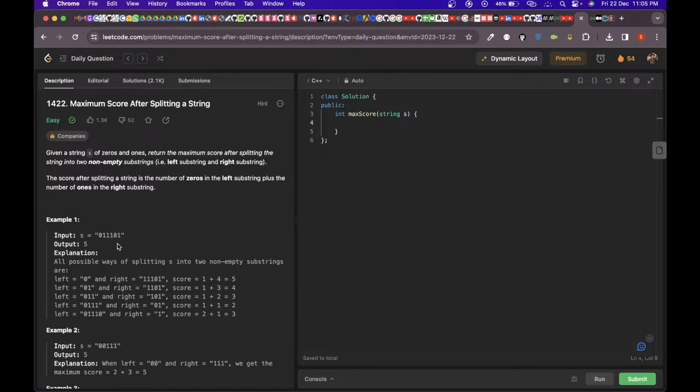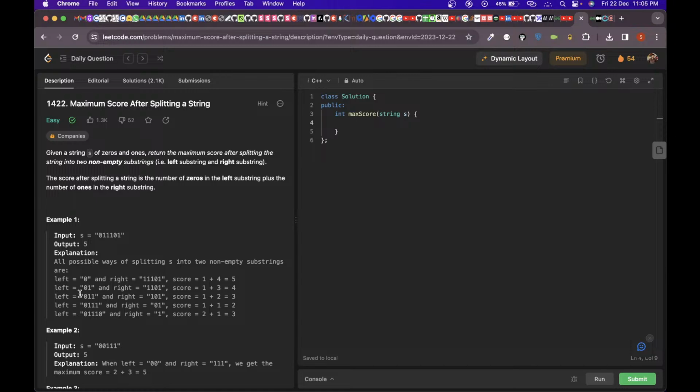For example, if we split our string with the left substring of length 1 and the right substring having the rest of the length, our total score will be 1 plus 4, as it has one 0 in the left and 4 ones in the right.